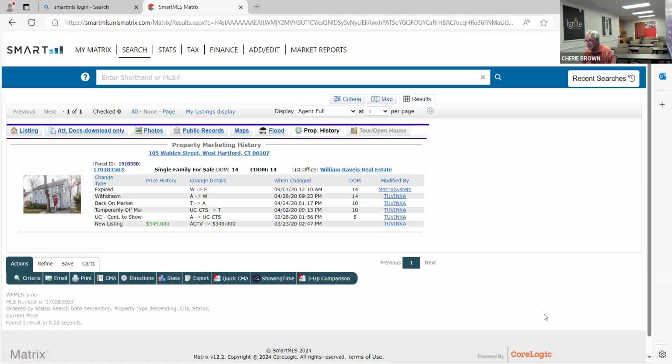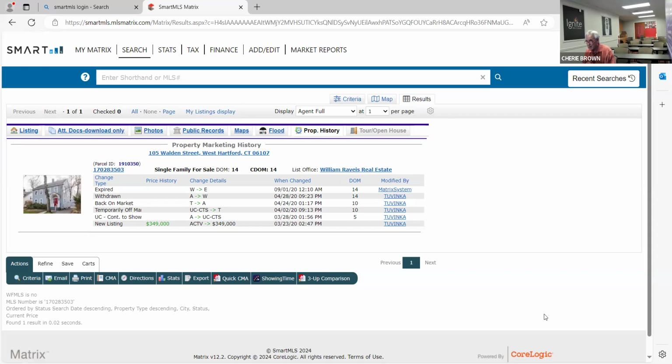The other option would be changing it to a cancel. In this case, they did a withdraw. The cancel would be whatever, something came up between the broker and the seller, and they've decided to just go their different ways and end their obligation. And once something goes into the cancel or cease status, anybody could be calling the seller, trying to solicit their business.